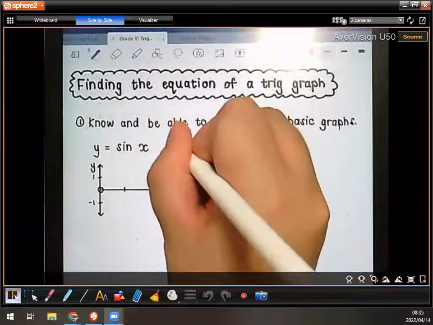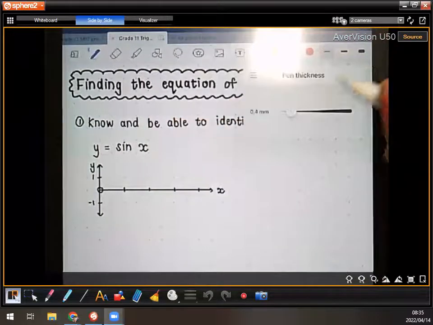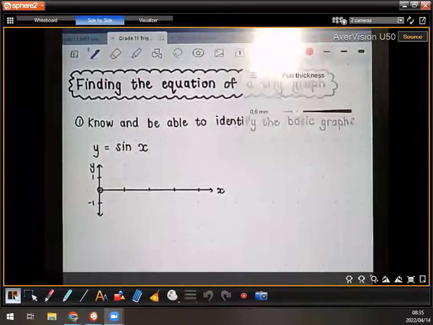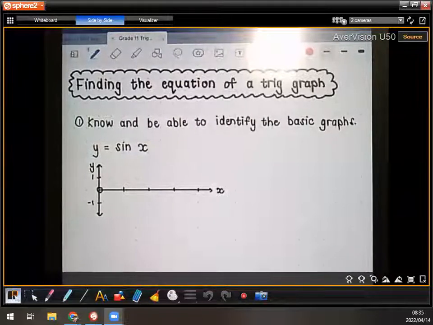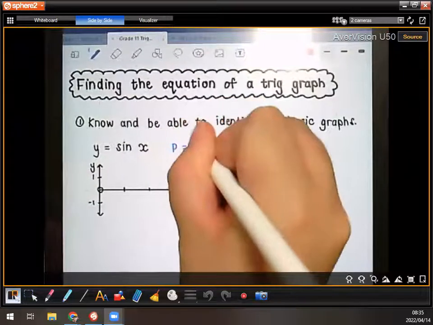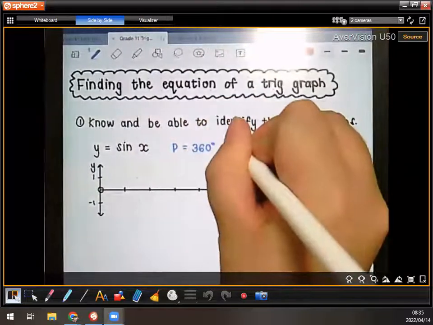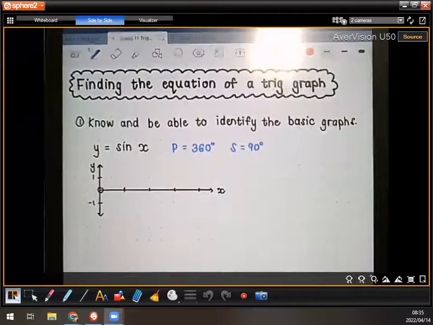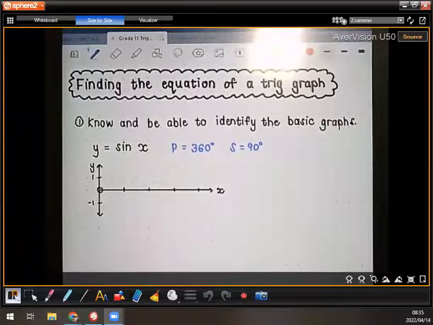It helps if you just know that by heart, so you don't have to think, what is the period again? How do I find the step again? So the period of just y equals sine x is going to be 360, so the step is going to be 90. When I'm drawing this basic one, I'm going to start from 0, go to 360 because that's the period, and I have a notch at every 90 degrees.